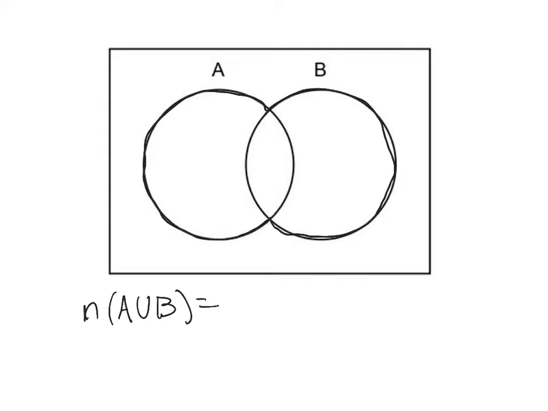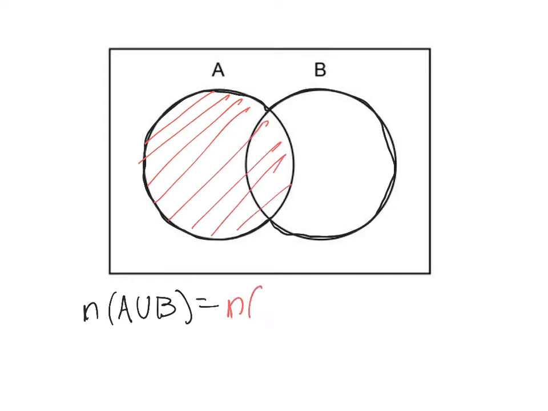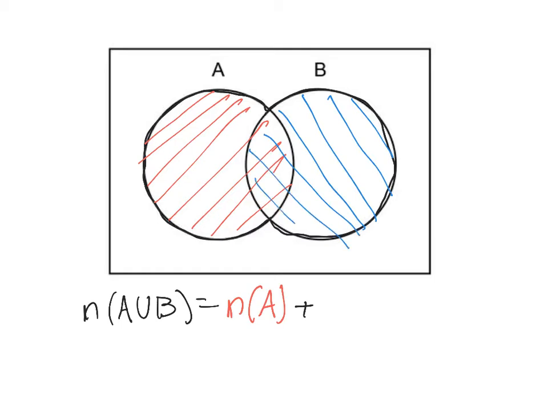Well, let's just try and tackle this logically. If we want all of the elements in set A or set B, the area that I shaded in red is the number of elements that are in set A. Similarly in blue, I could shade the number of elements that are in set B. Now, this gives us A and B, but you can see that we've overcounted this portion that is in the center.